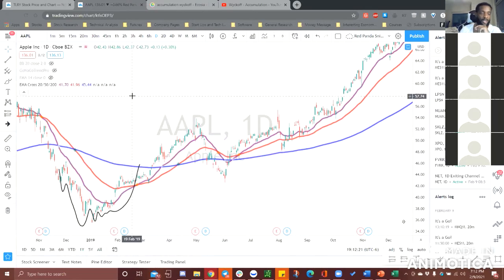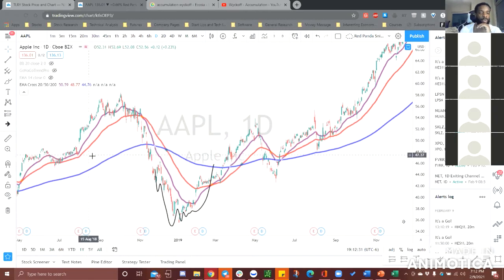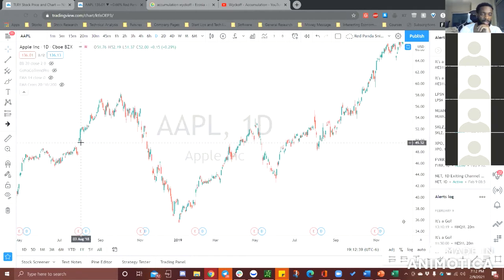So if we were to go in here, this would be your preliminary support, because this is where it starts to slow down and break. Think about it like this: when price breaks the structure, it's now on a downtrend.